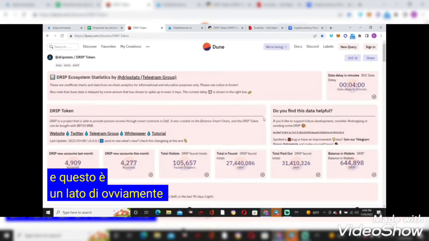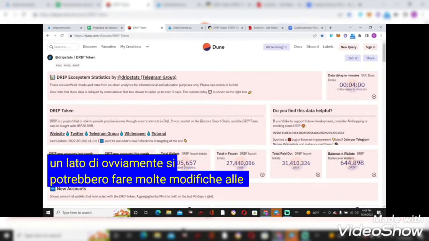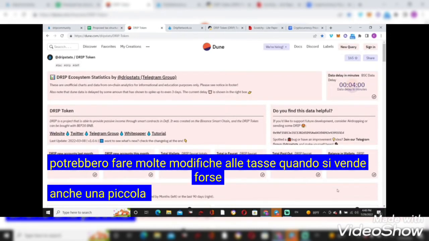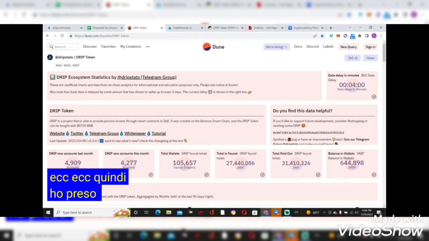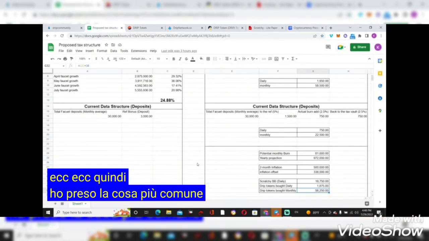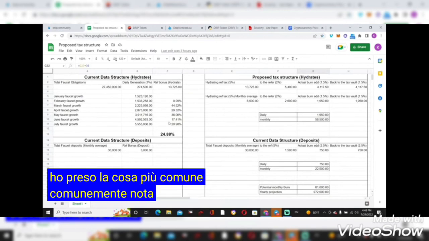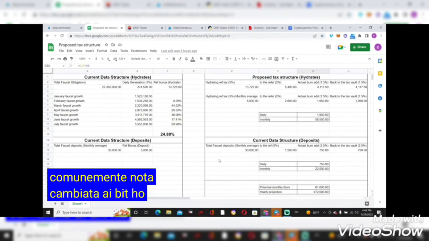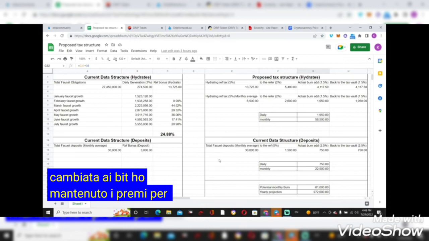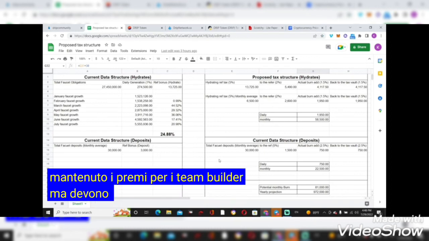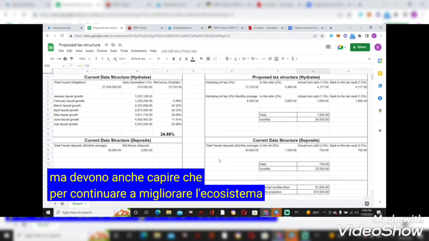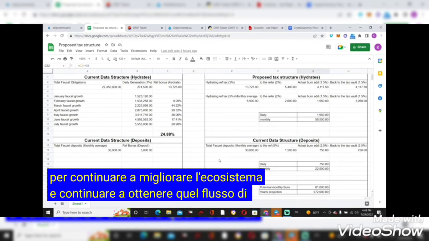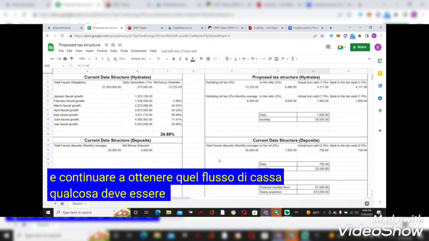Of course, a lot of tax changes could be done when selling. Maybe also a small percentage will be burned, etc. So I took the most commonly known thing, changed it a bit, kept the rewards for the team builders, but they also have to understand that in order to better the ecosystem and keep on getting that cash flow, something has to be changed.